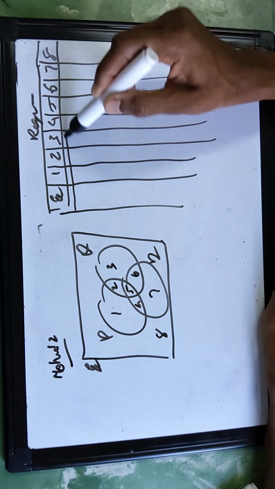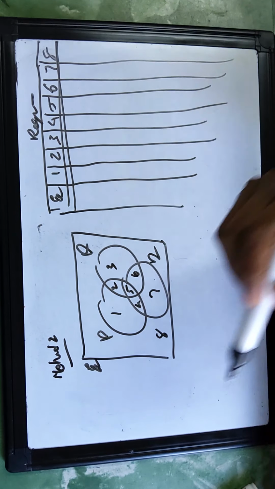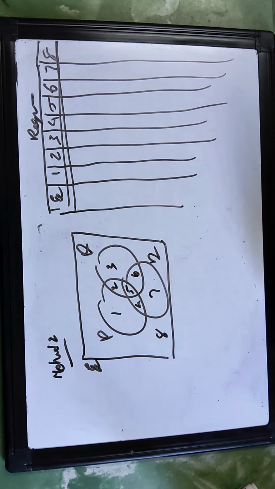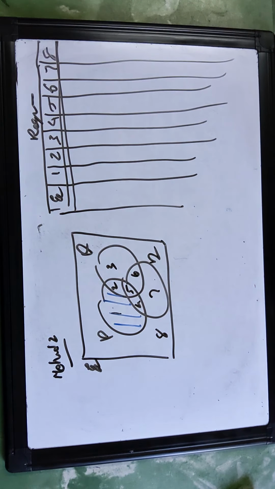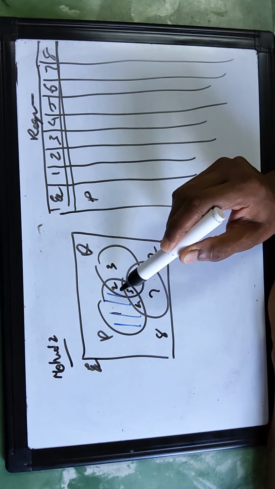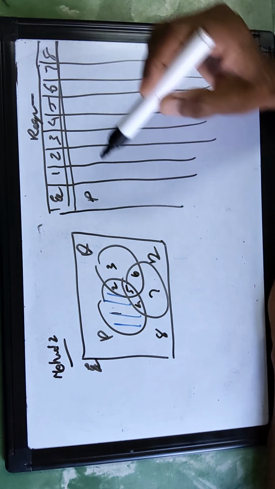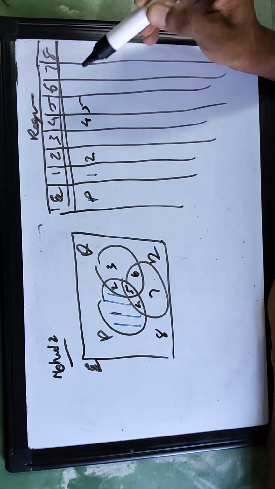Okay, that's a universal set composed of 8 regions. We look now, the fact that this is shaded, only P, so we have to take P. P is composed of region 1, 2, 4, and 5.